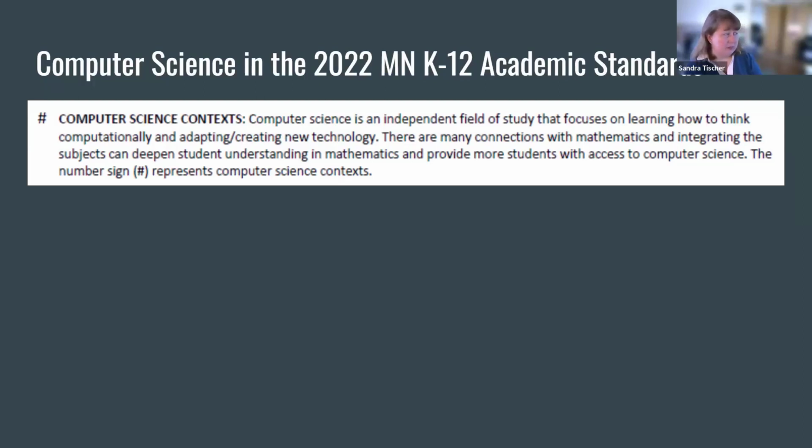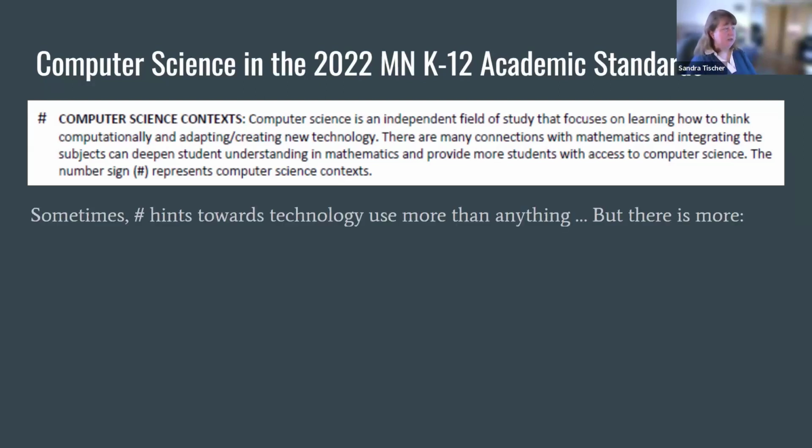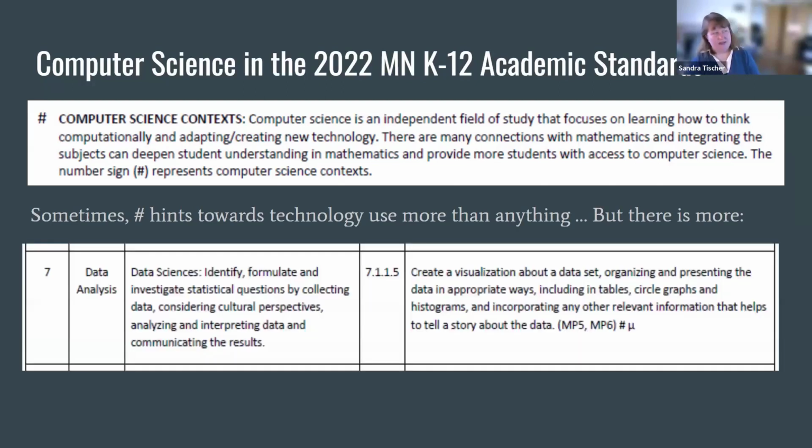So, any number sign in the new standards represents a computer science context, number sign, pound sign, however you want to call that. Sometimes the pound sign is more technology use than the actual thinking computationally. So create this visualization about a data set, in the now biggest trend, data analysis, has the pound sign, also has the modeling sign.